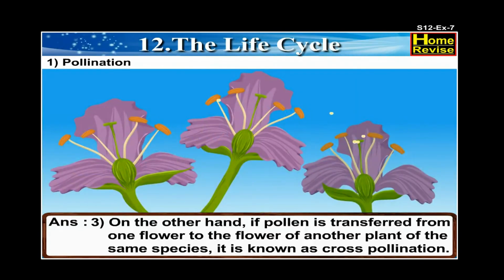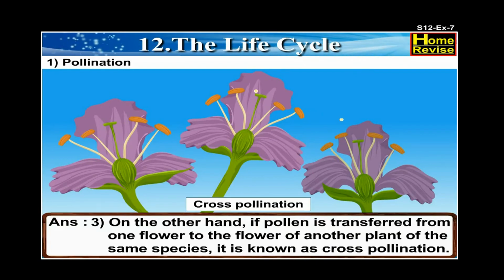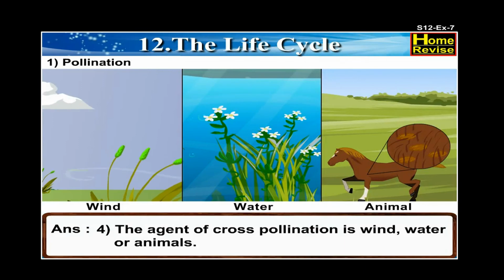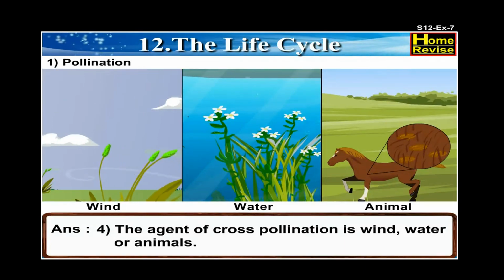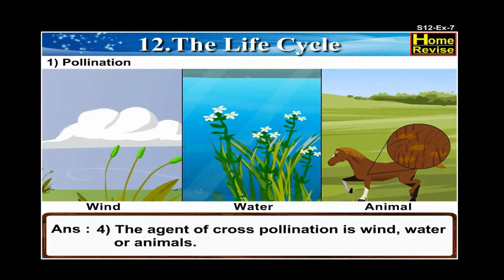On the other hand, if pollen is transferred from one flower to the flower of another plant of the same species, it is known as cross-pollination. The agent of cross-pollination is wind, water, or animals.